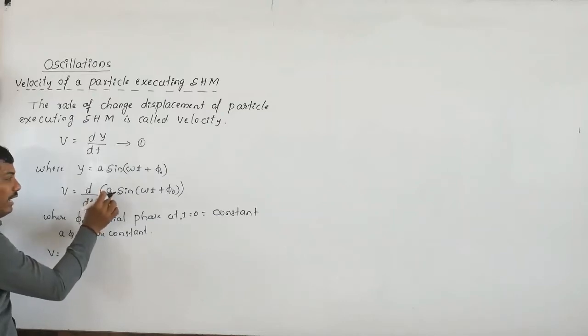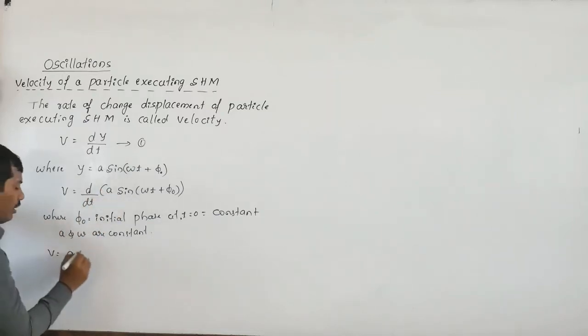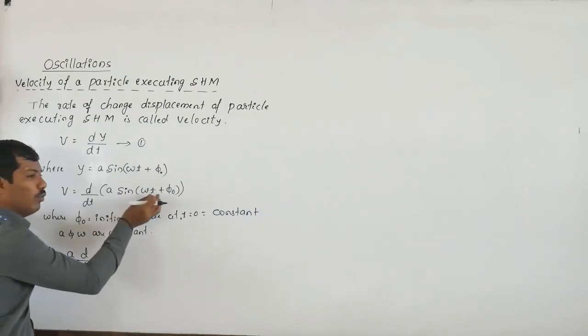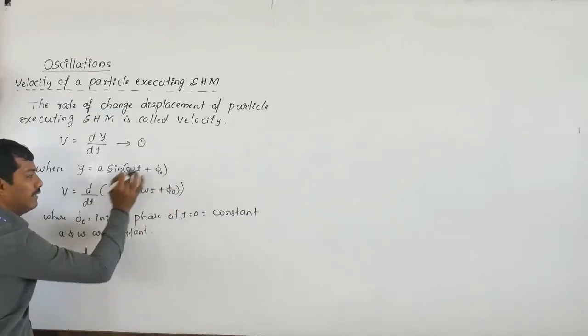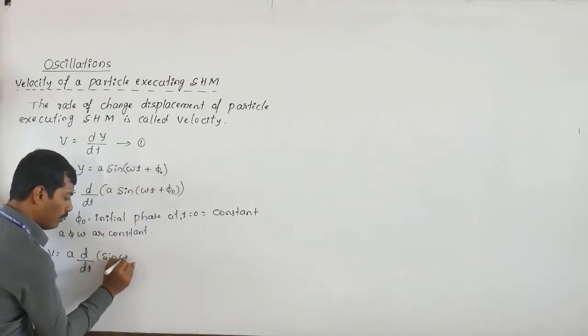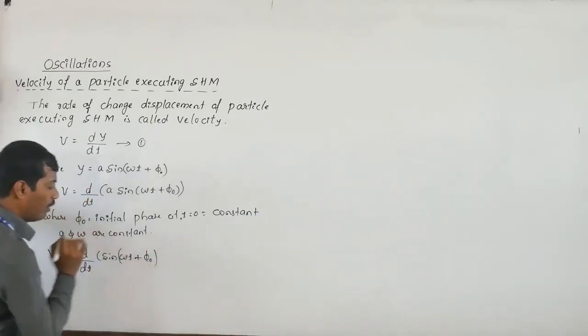Here A is constant and stays outside. The only variable is t, and the whole term is sine of omega t plus phi naught.